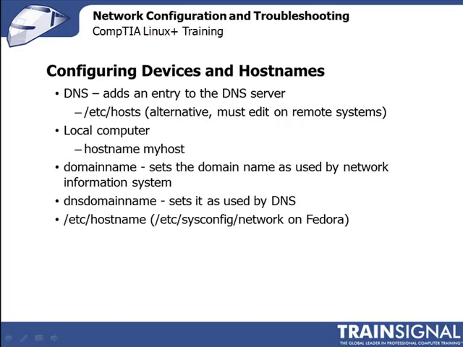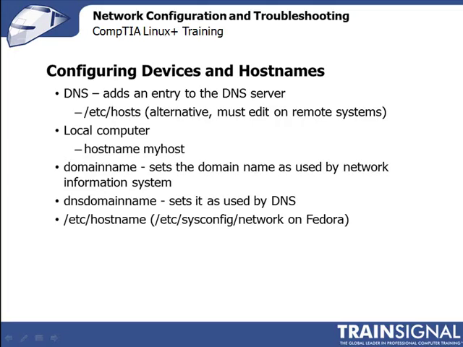If you want to set your domain name, you use the command domainname. Now this sets the domain name as used by the Network Information System, or NIS. dnsdomainname, by contrast, sets the domain name used by DNS.